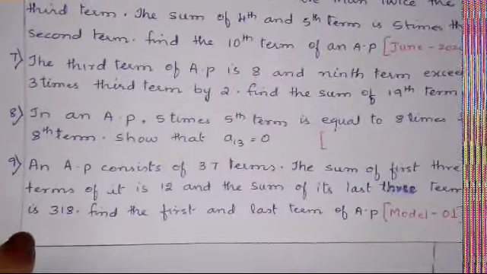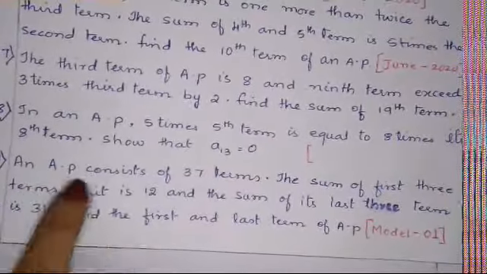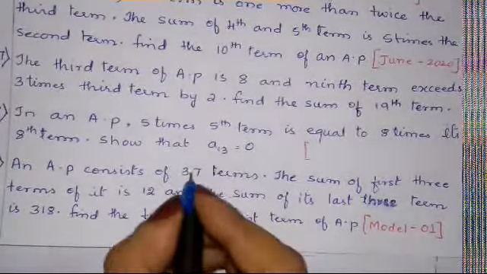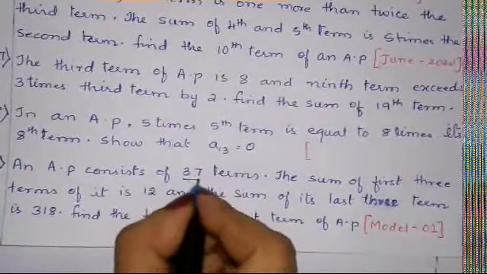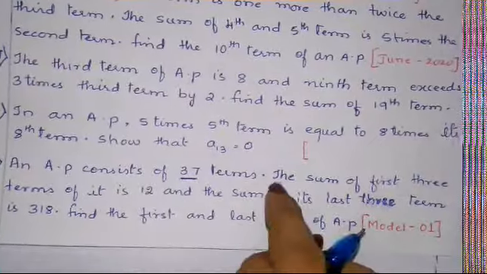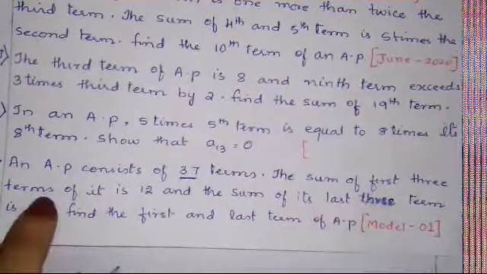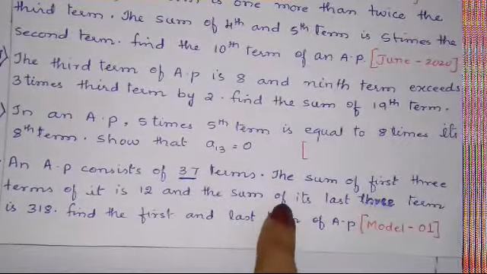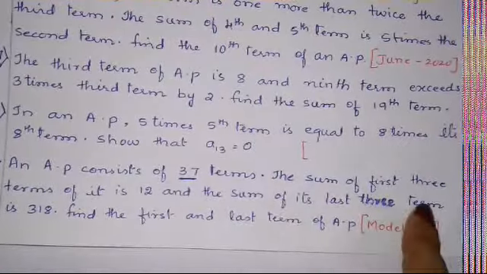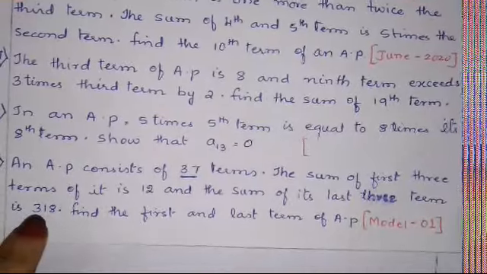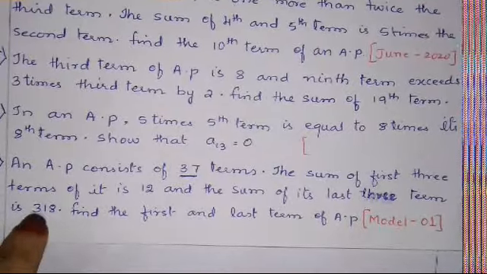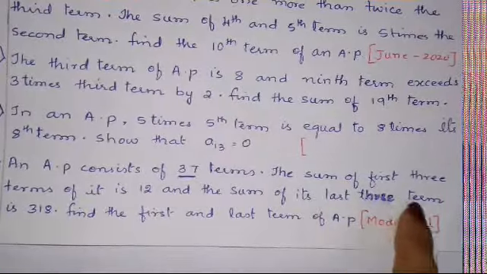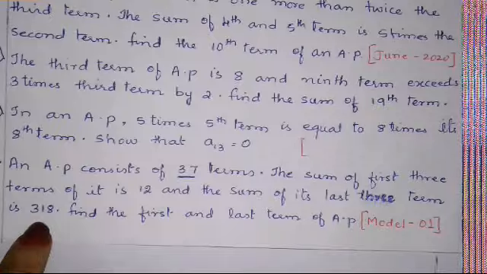In the ninth question they have told here, an AP consists of 37 terms. The sum of first 3 terms of it is 12, and the sum of its last 3 terms is 318.